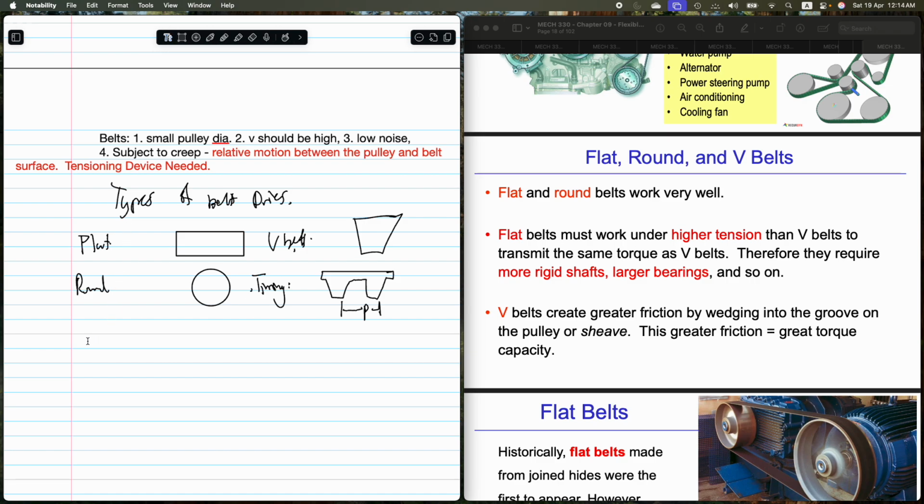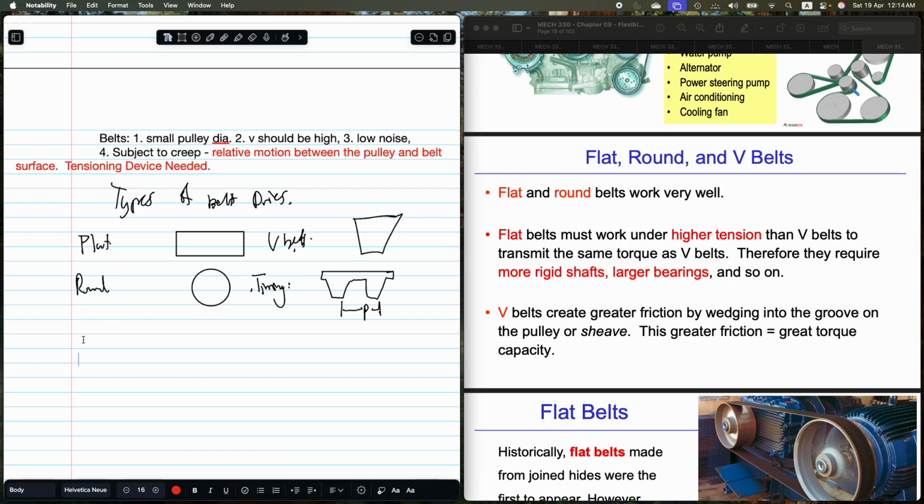Okay. So within the flat belts, we have flat belts must work under a higher tension than V belts to transmit the same torque as V belts.